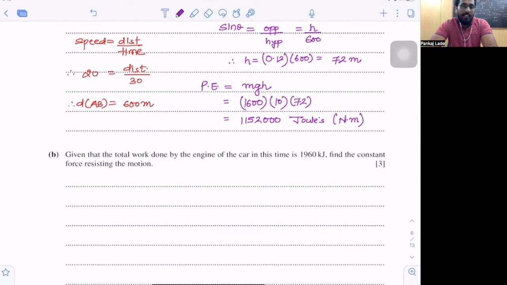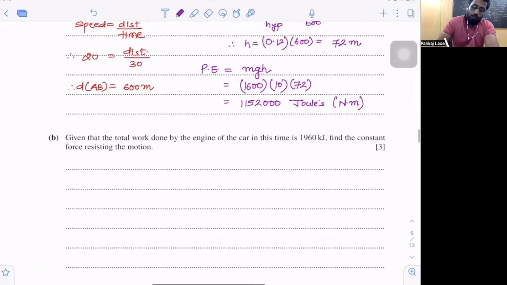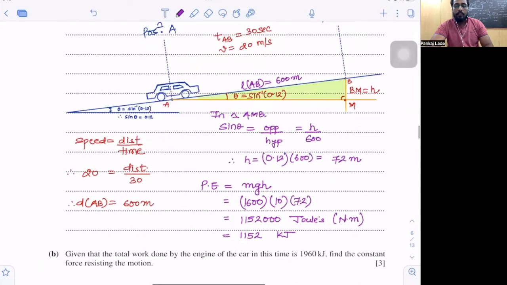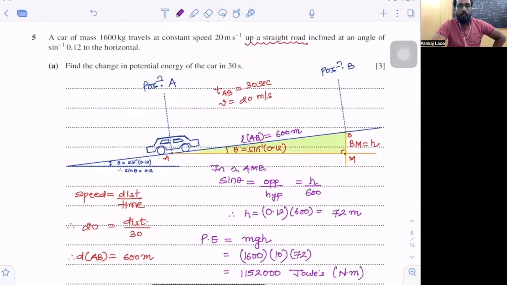So kg meter per second square is Newton, so that's Newton meter. So potential energy is 1152000 joules, okay, Newton meter. Or you can also write this is 1152 kilojoules. Okay, so that's the potential energy that has been possessed by the system due to the change in the height. Okay, so that was part A.